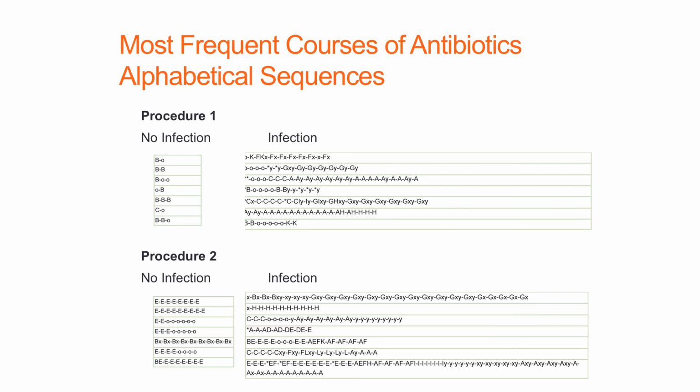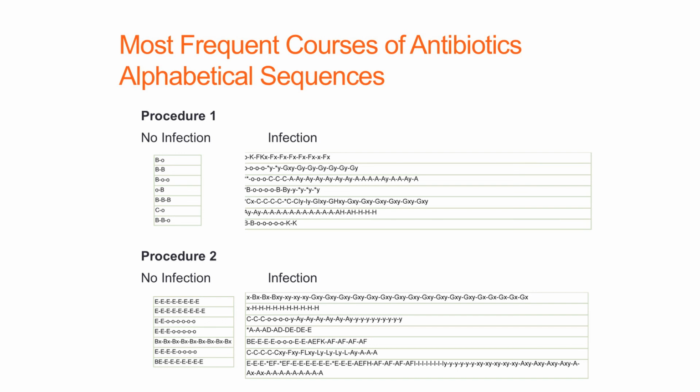And we can see just the top 7 for a certain procedure, say overall or with no infection, and for procedure 2, we can see that both the specific antibiotics differed, and the course of treatment also varied.